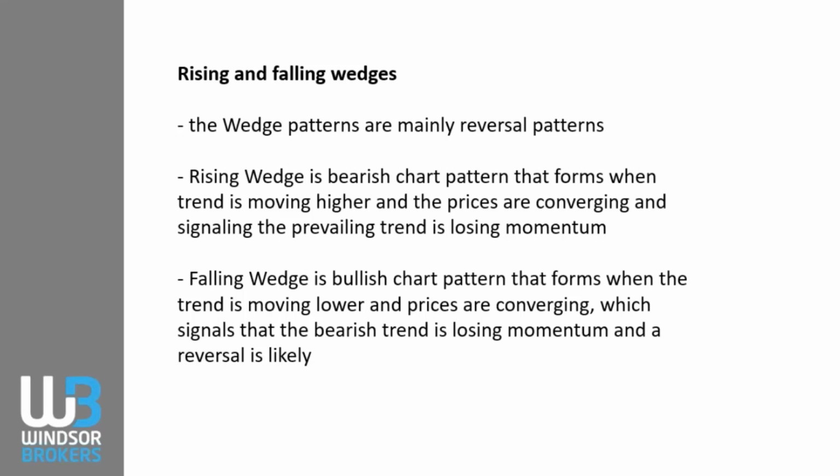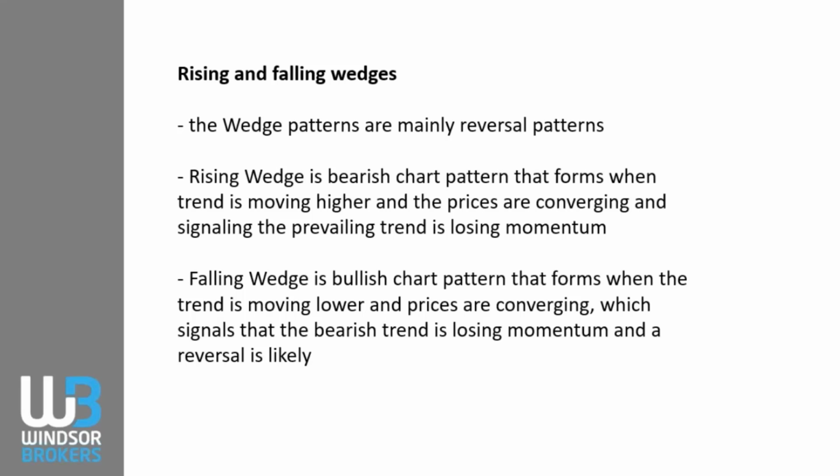A rising wedge is a bearish chart pattern that forms when the trend is moving higher and the prices are converging, signaling that the prevailing trend is losing strength and momentum, suggesting that something might happen.